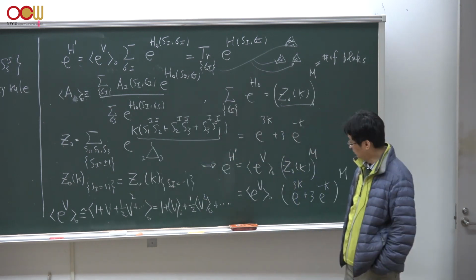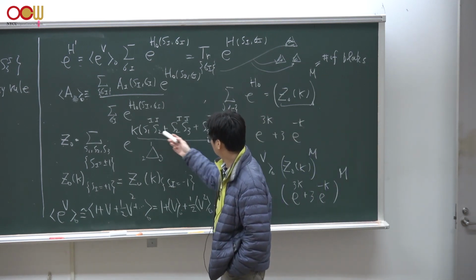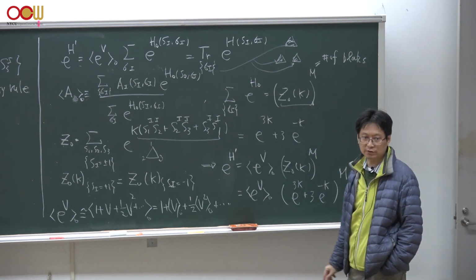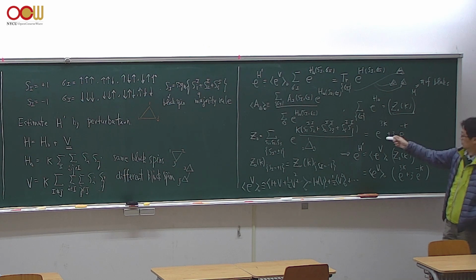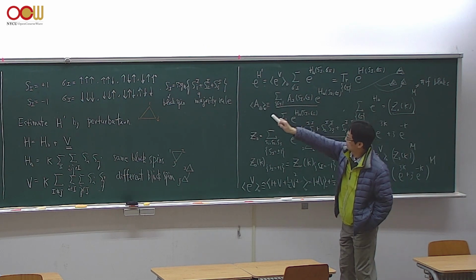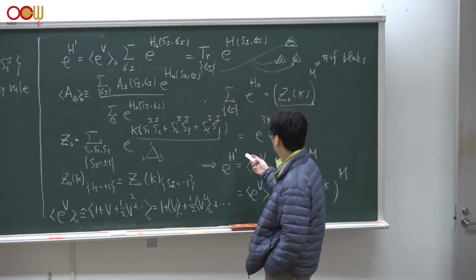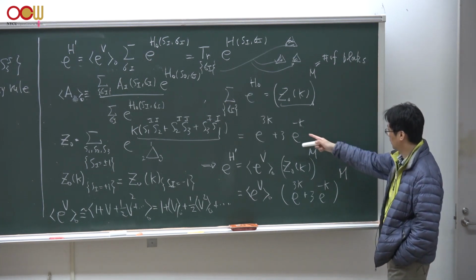And the three spins of each individual block are coupled through this Ising term: S1S2, S2S3, and S3S1. So if you simply use that majority rule for, say, capital S_I being plus 1, you get this contribution, e^(3K) plus 3 times e^(-K).